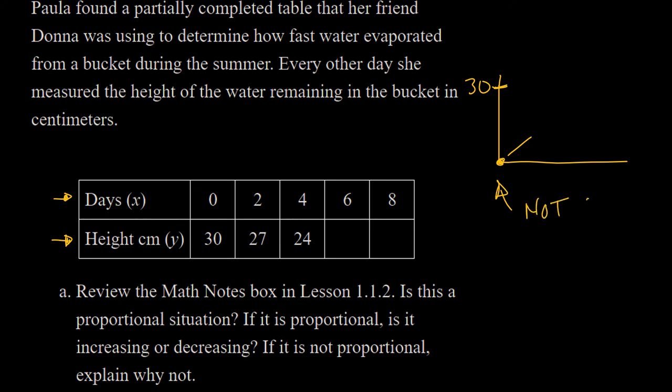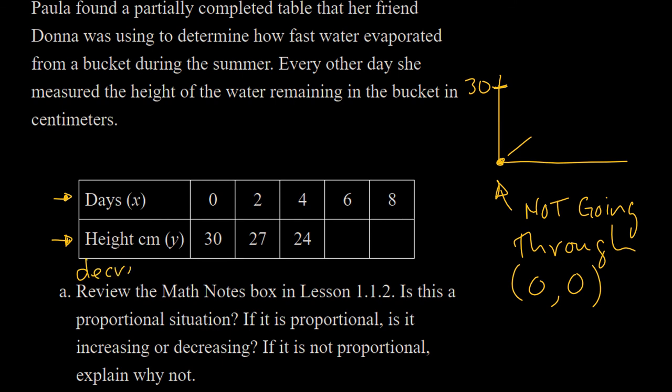I would say it's not proportional because it's not going through the point 0, 0. But I could tweak this: if y is not the height, but y is the decrease in height in centimeters, all of a sudden this would be 0.